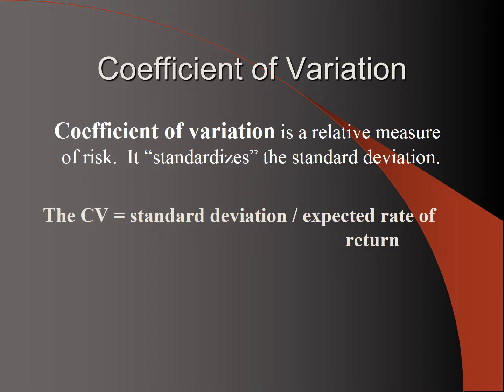So what the coefficient of variation does is it allows us to determine how many units of risk are we taking on for every $1 of return, or for every 1% return. In the examples we've been doing so far, we've been working with percentages rather than dollars, so we'll continue to work in percentages. So how many units of risk are we taking on for every percent return that we earn?